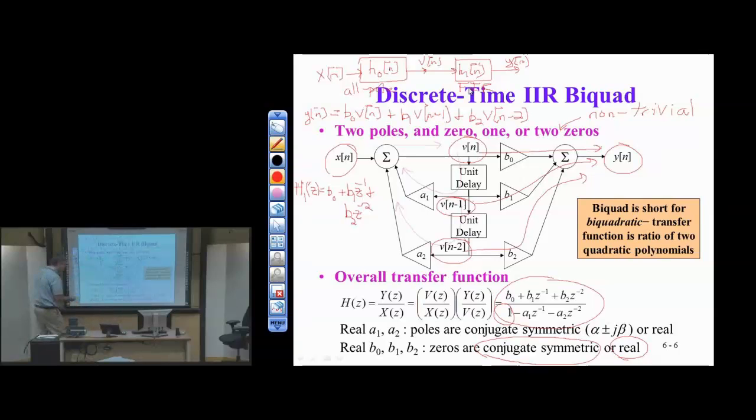So again, the overall transfer function, capital Y of z over capital X of z, is the transfer function of v over x, which is the all-pole part, times the transfer function of y over v, which is the FIR part. Okay, and you can see that now in the transfer function for the overall biquad. I have the numerator polynomial, which is the FIR part, and I have the denominator, which is the all-pole part.